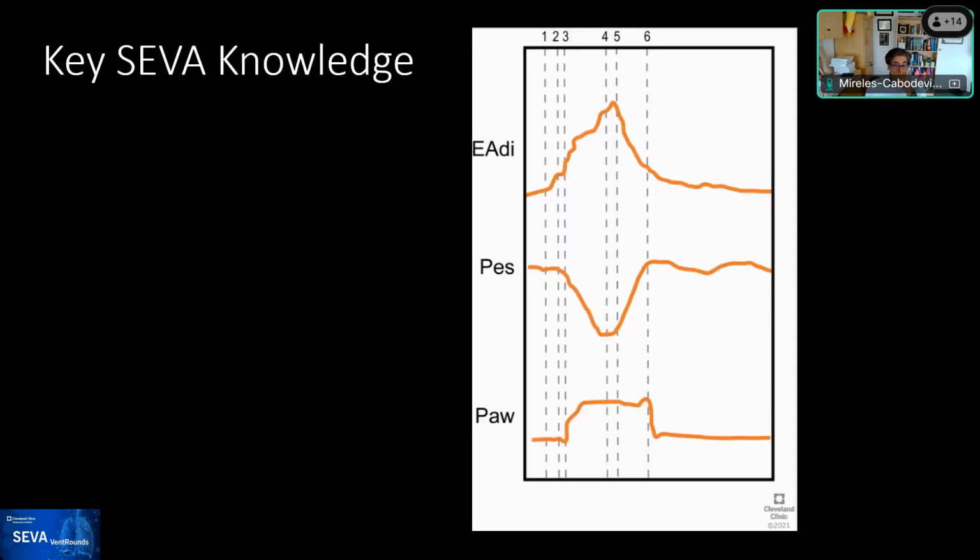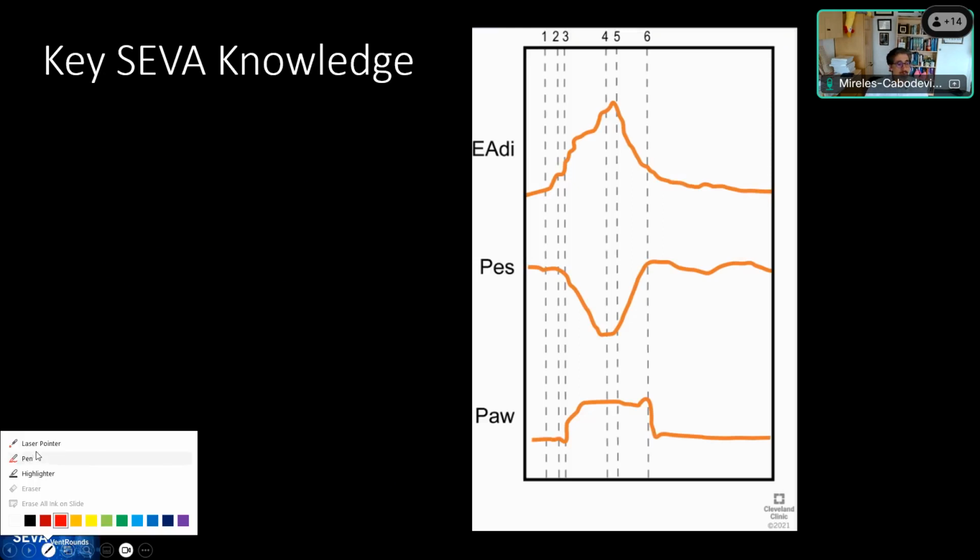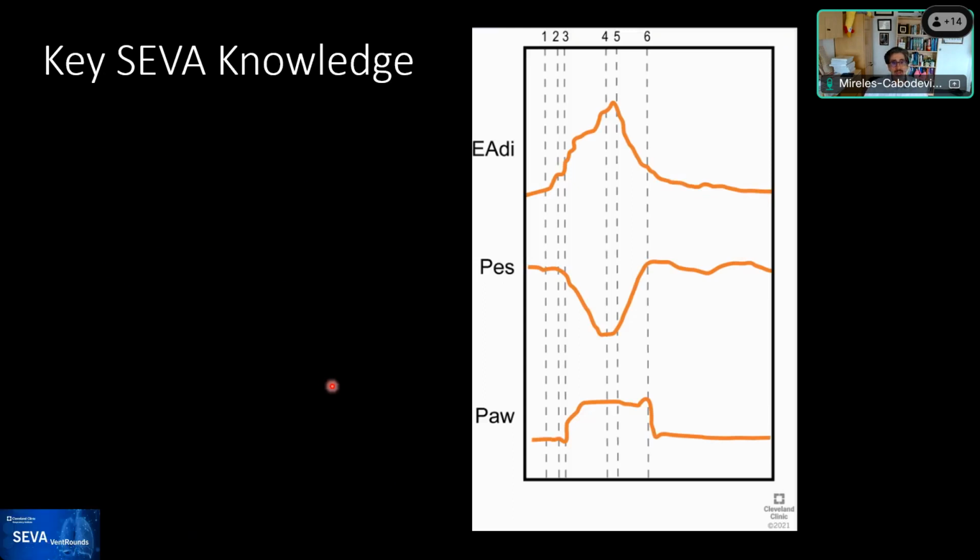So I wanted to start with this image, which I find very useful for my thought process of how signals occur. What you have here is the electrical activity of the diaphragm, and this dashed line that says number 1 is pointing to an increase in the electrical activity. This is simplified.